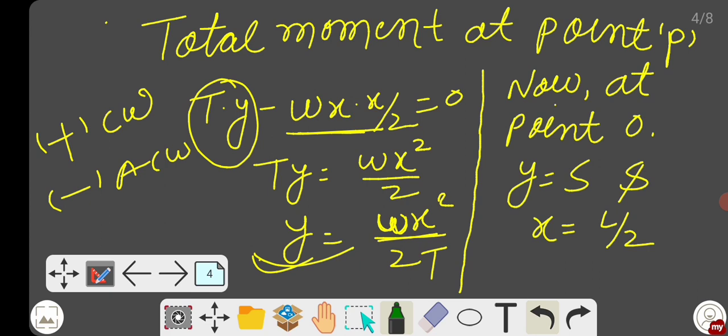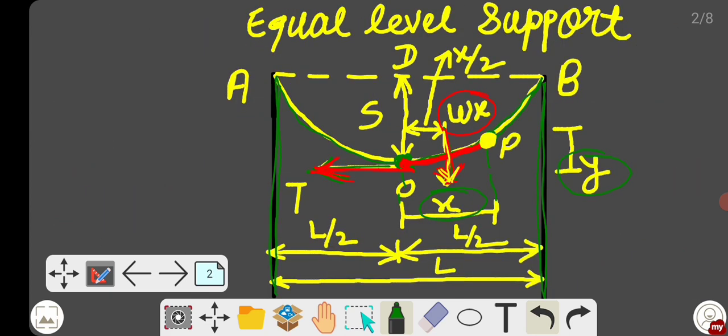Now, as we have assumed that the length OP, or its curvature, is so small that its horizontal distance will be equal to x. So at point O, the value of y will be equal to s, and the value of x will be equal to l by 2.